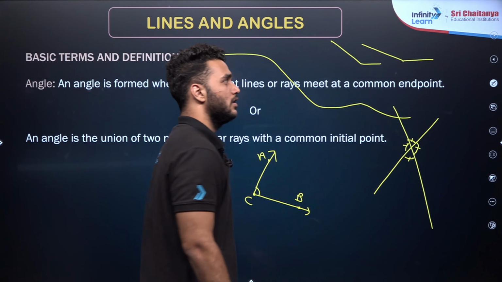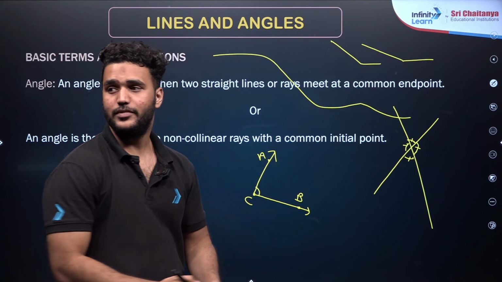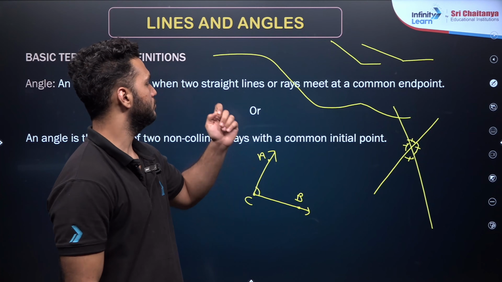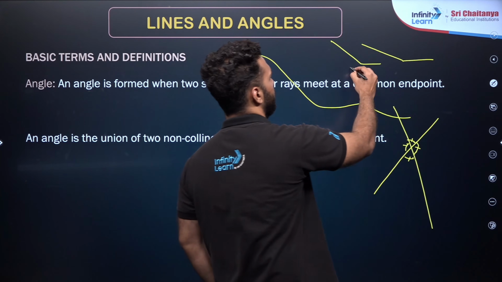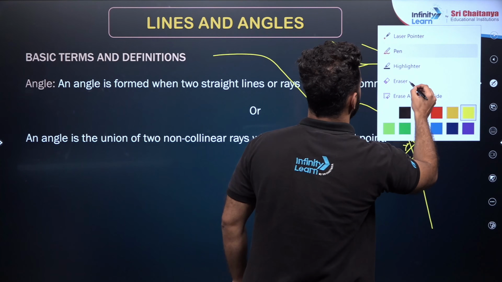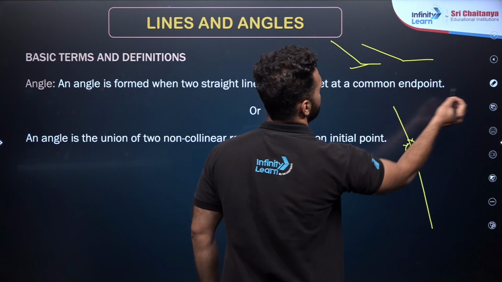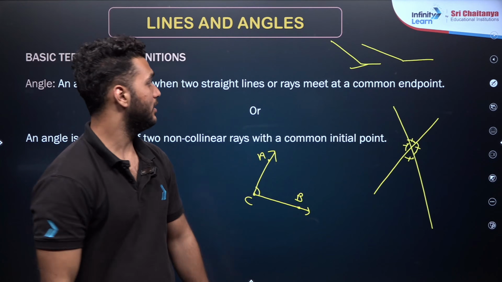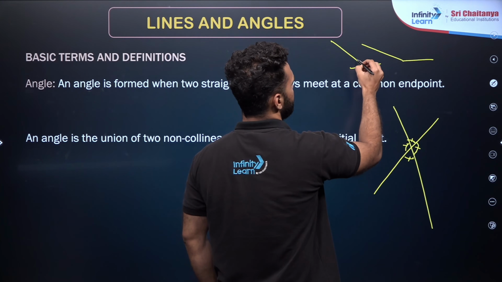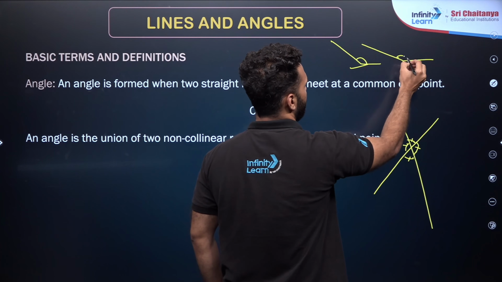Can you tell me on which road you will go faster? On this road you will go faster. Why? Because this road has higher slope. What is the slope? Now the angle comes into the picture. This part and this part.